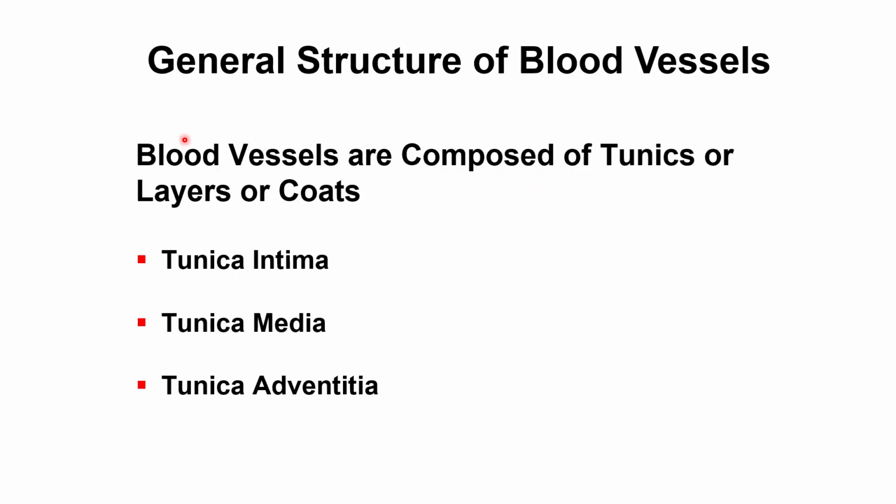Anyway, this is an overview to tell you that blood vessels are composed of tunics or layers or coats. The one towards the lumen is the intima, the one in the middle is the media. This is where most of the changes occur between vessels of different sizes and types. And this is the outermost layer, the tunica adventitia.